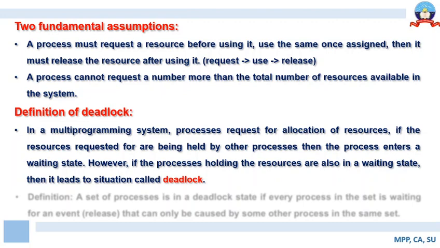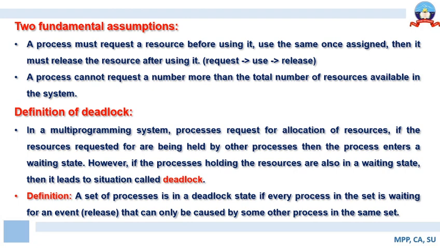So in a multi-programming system, processes request allocation of resources. If the resources requested are being held by other processes, then the process enters into a waiting state. However, if the processes holding the resource are also in a waiting state, then it leads to a situation called deadlock. Now let us formally define deadlock. A set of processes is in a deadlock state if every process in the set is waiting for an event, that is the release of a resource, that can only be caused by some other process in the same set.